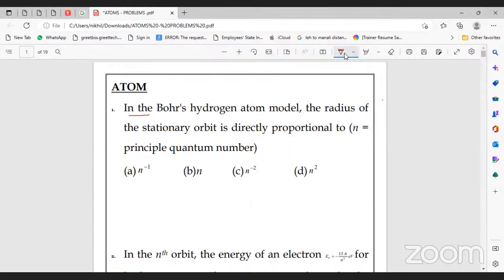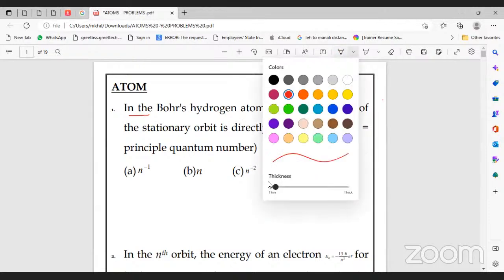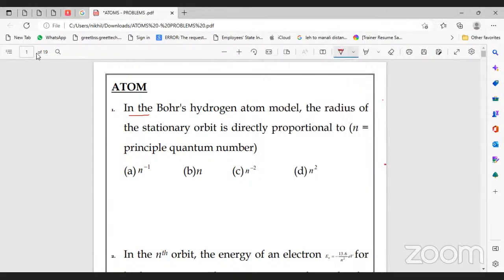In the Bohr's hydrogen atom, the radius of the stationary orbit is directly proportional to what? Students, what is the formula you have studied for the radius of the hydrogen in the nth orbit? It is epsilon naught n squared h squared divided by pi m z e squared.